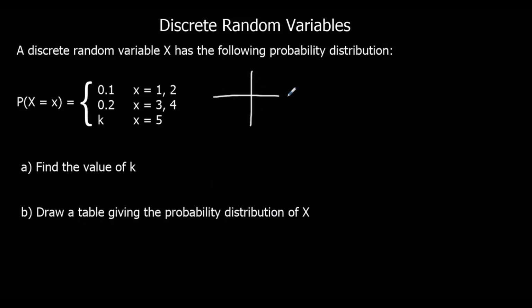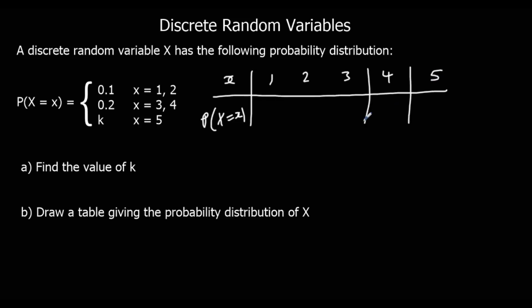I'm going to draw the probability distribution. So we can have 1, 2, 3, 4, and 5. The probability of 1 and 2 is 0.1. The probability of 3 and 4 is 0.2.